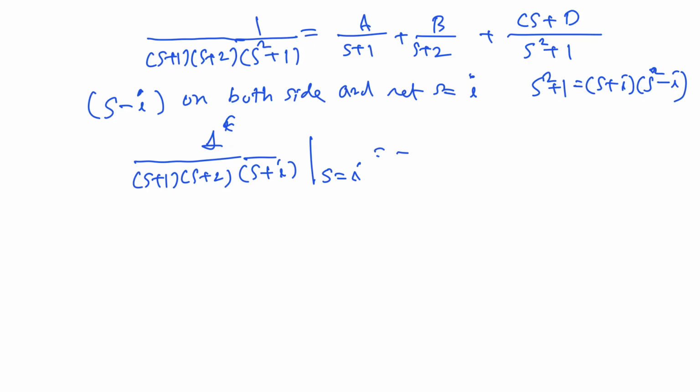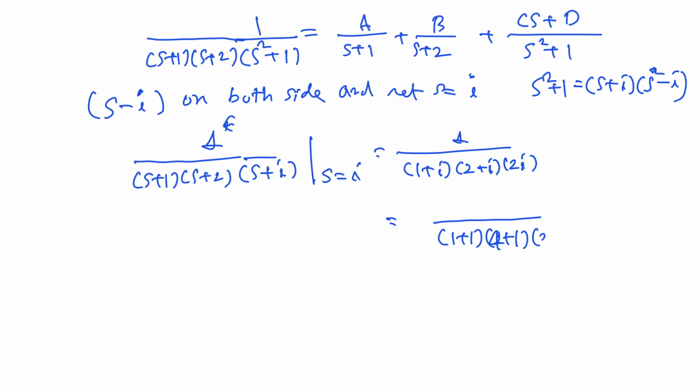What do we have? 1 over (1 plus i)(2 plus i)(2i), right? Which is equal to 1 over (2i times (1 plus i)(2 plus i)).